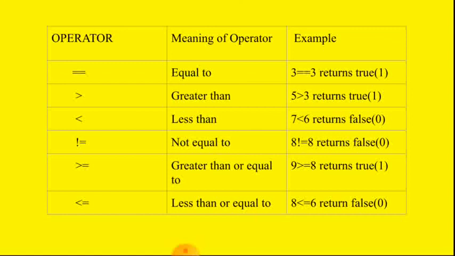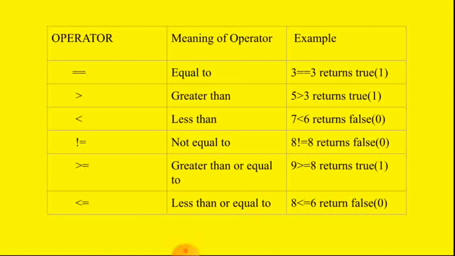Let's see example. 3 equal to 3. Is 3 equal to 3? Yes, 3 is equal to 3 only. So it returns true, that is 1. 5 greater than 3? Is 5 greater than 3? Yes, 5 is greater than 3.